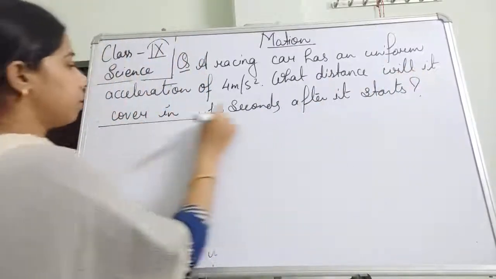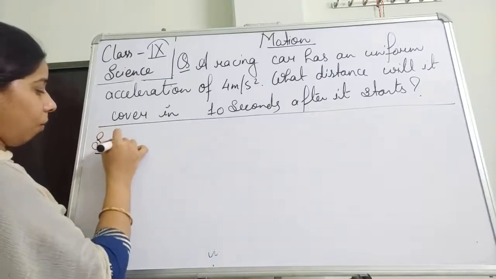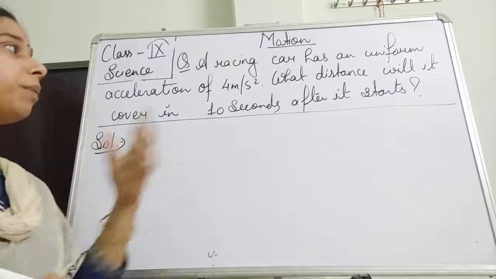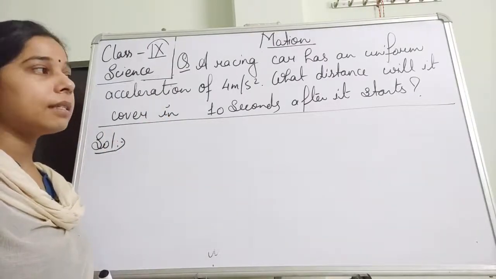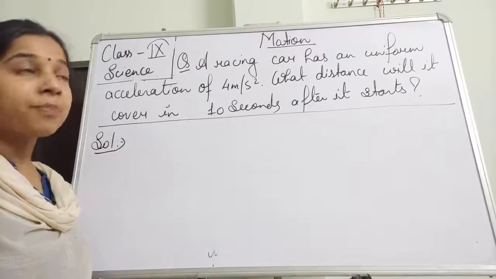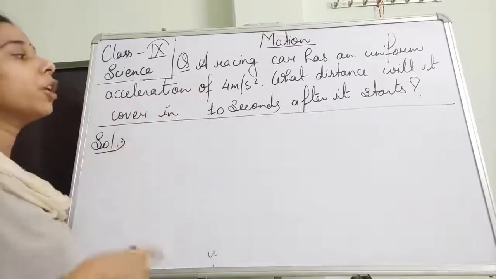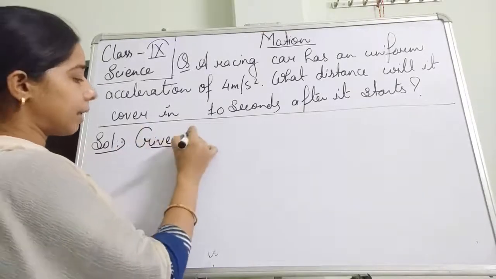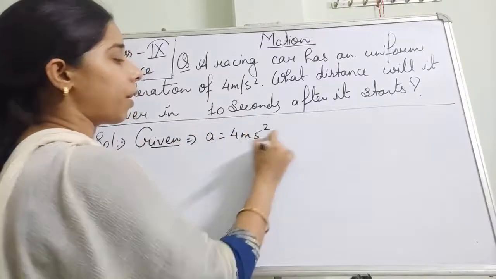Now see here. A racing car has a uniform acceleration of 4 meter per second square. What distance will it cover in 10 seconds after it starts? So what are the things given here? The racing car is moving with a uniform acceleration, so acceleration is given, 4 meter per second square.